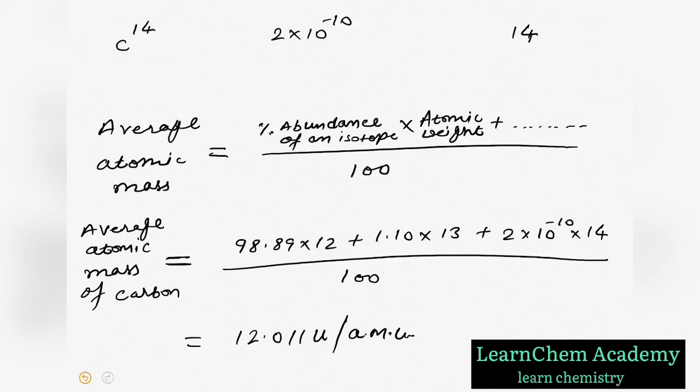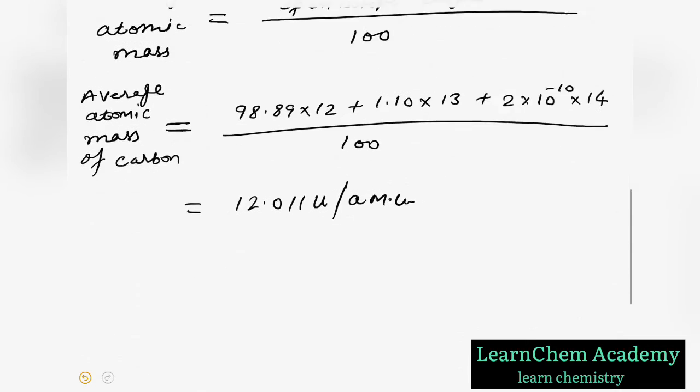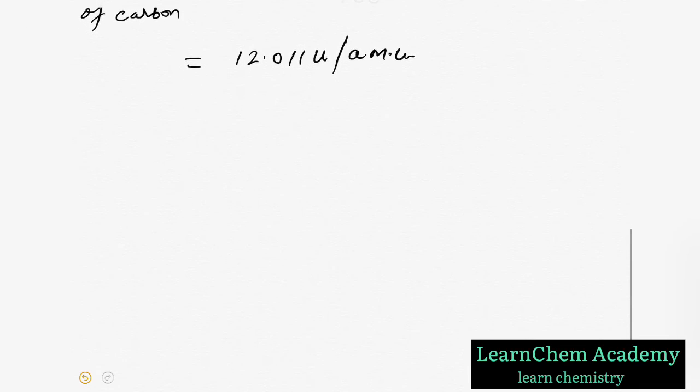This is the average atomic mass of carbon isotopes. Okay, so this is the way to calculate the average atomic mass of isotopic elements. Let's take another example.